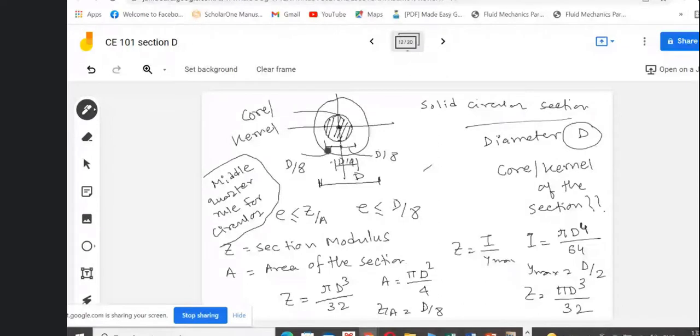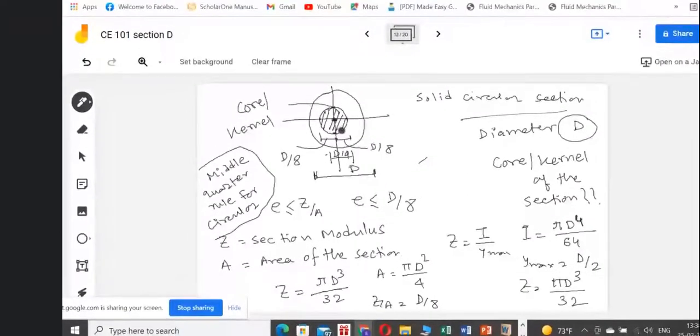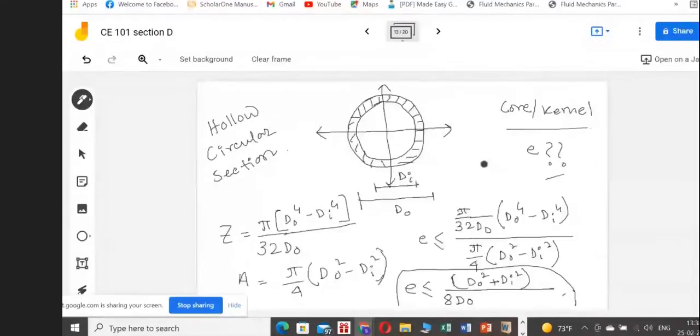So for a circular section, whatever the z by a is, that is the radius of the core or kernel. Don't get confused with that. If suddenly asked what is the radius of the core section, this is the value of the radius of your core section.